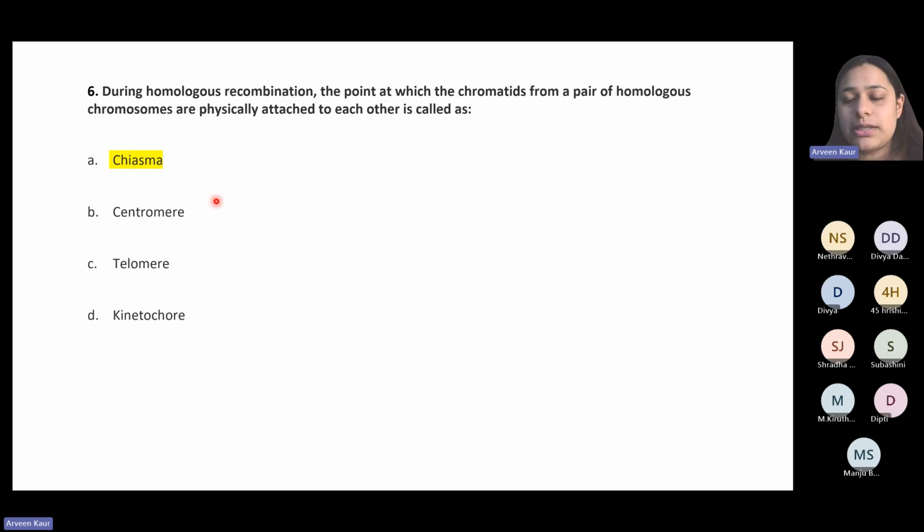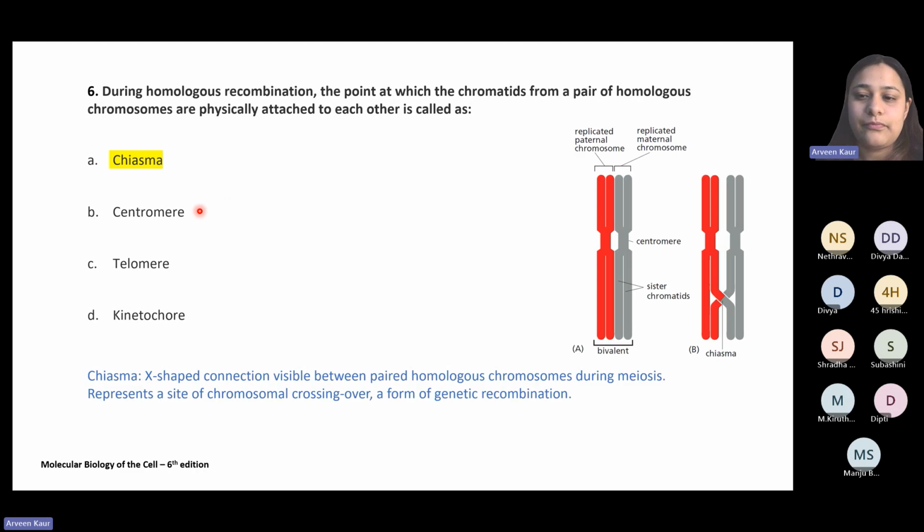These usually signify the points wherein the crossovers have successfully occurred. And these chiasmata are how the homologous chromosomes remain bound to one another. This is one of the features.